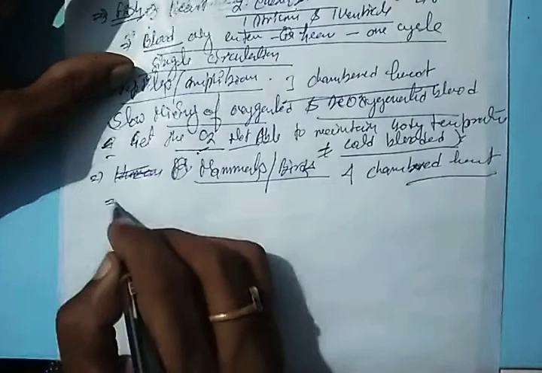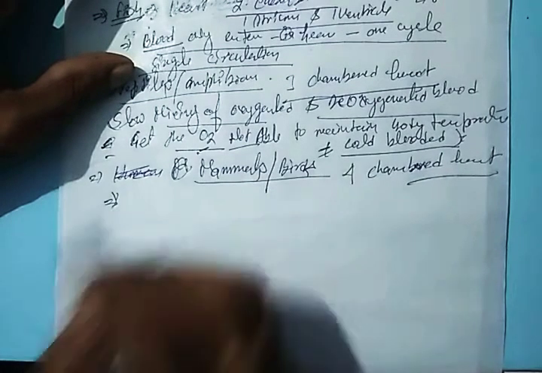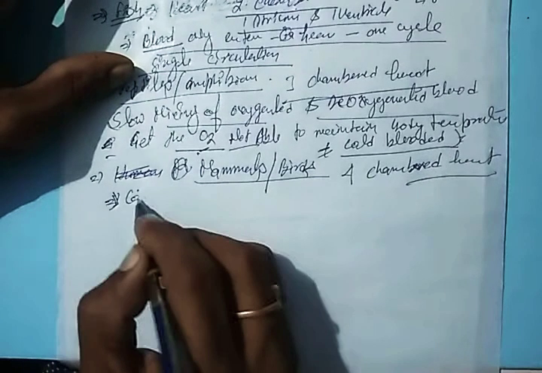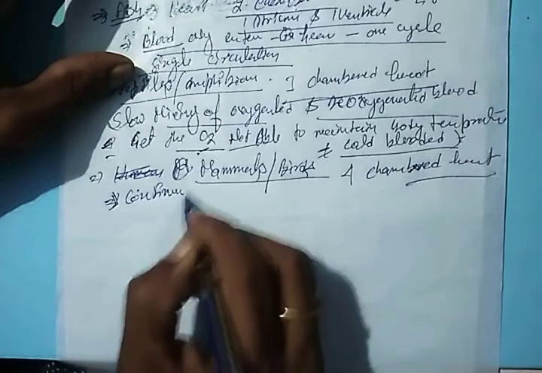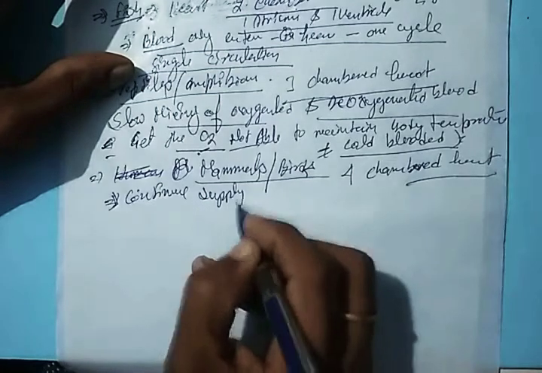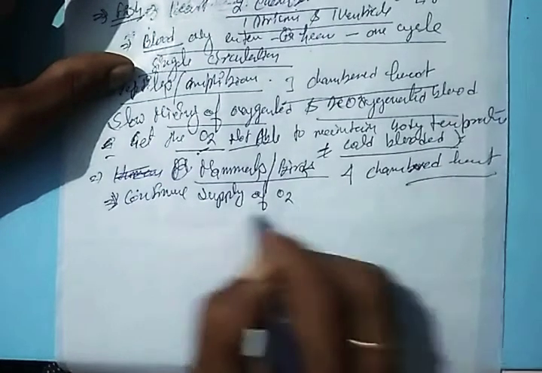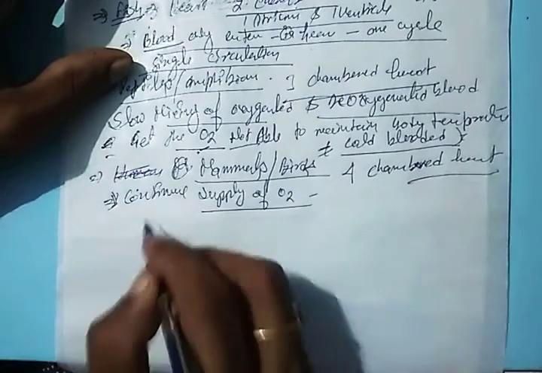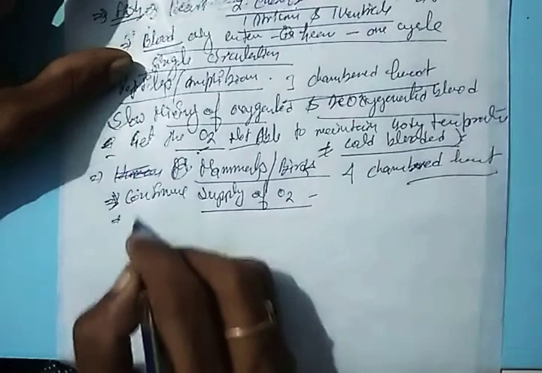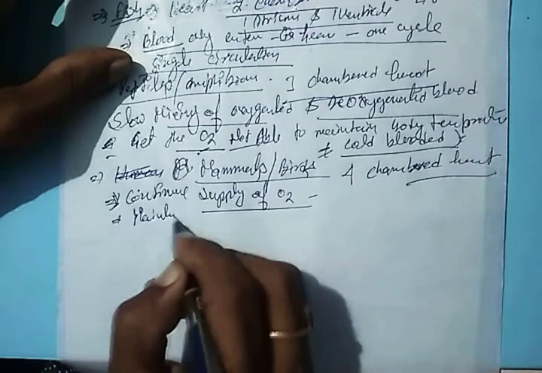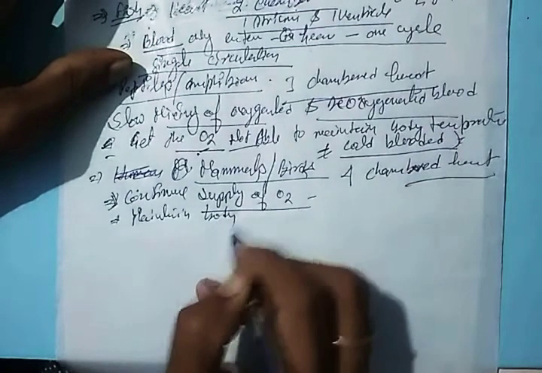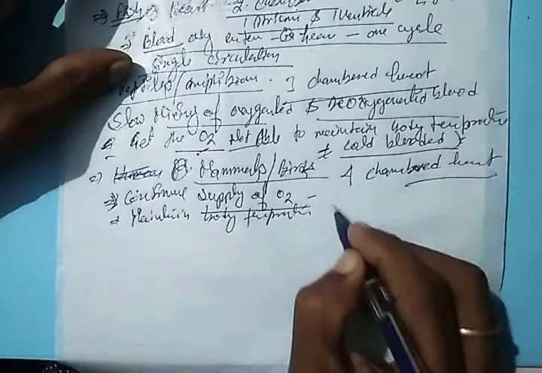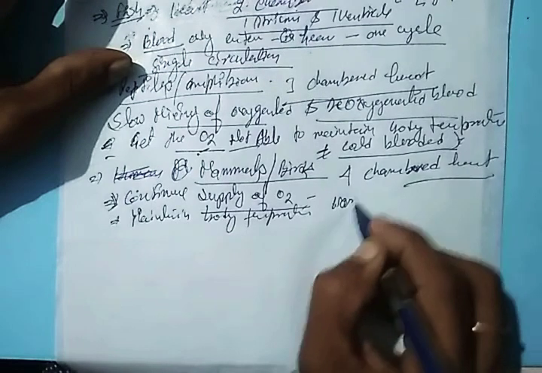The important thing is that the continuous supply of oxygen helps to maintain body temperature, and that's why they are warm blooded.